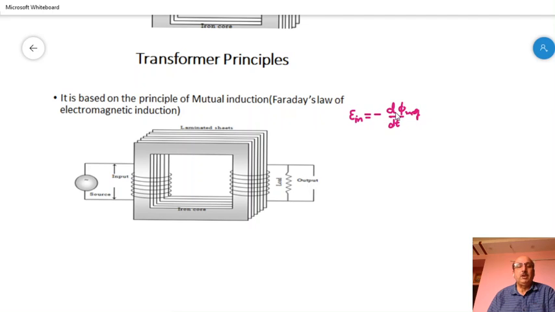You all know this. So by the change of magnetic flux, induced EMF is generated.